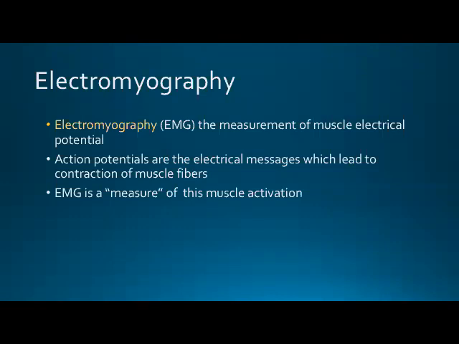But what EMG is going to allow us to partially do or estimate is a measure of electrical activity of the activated muscle or muscle fibers. The amount of muscle and which specific fibers you're actually measuring is dependent upon the type of EMG you would be using to do this kind of data collection. But really, it's just a measure of activation.